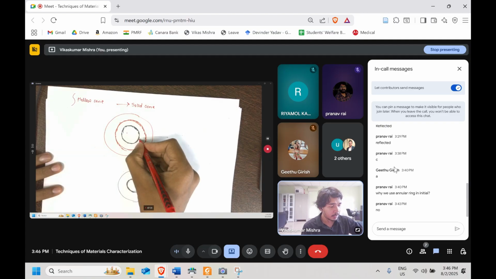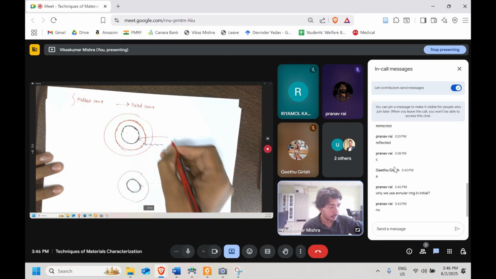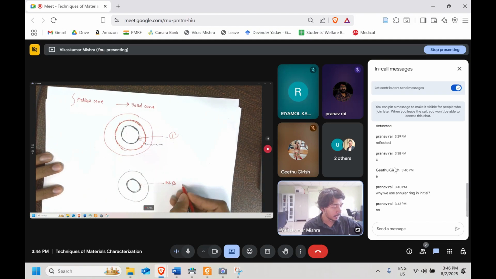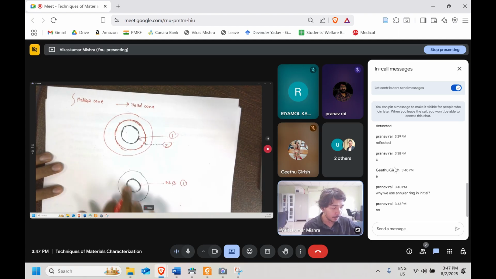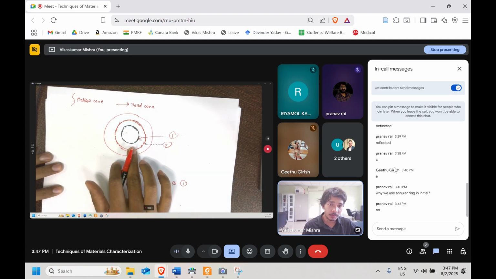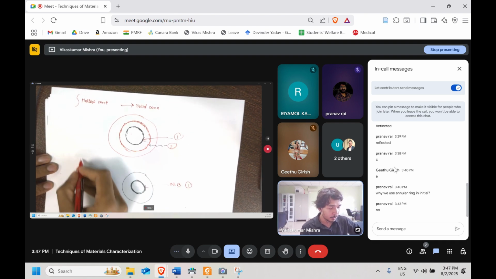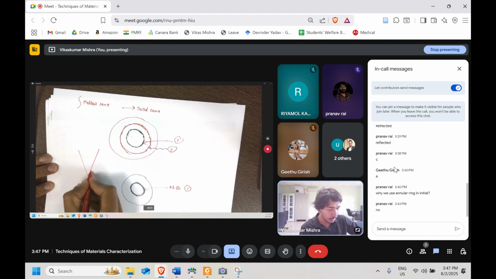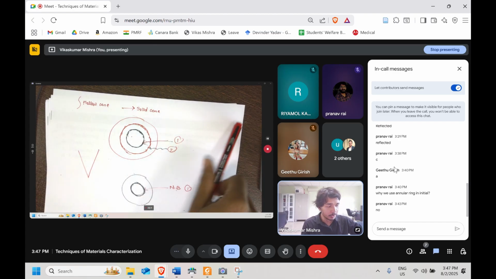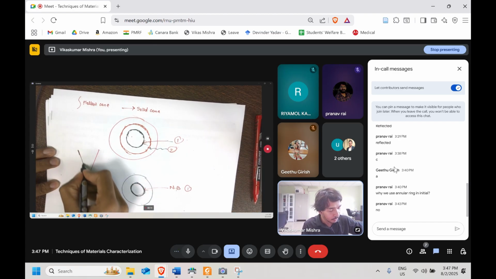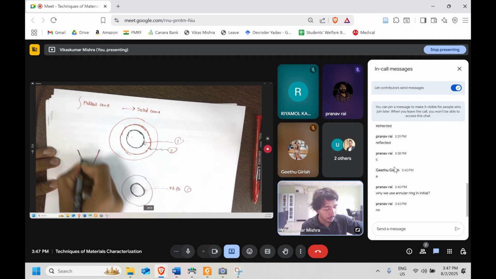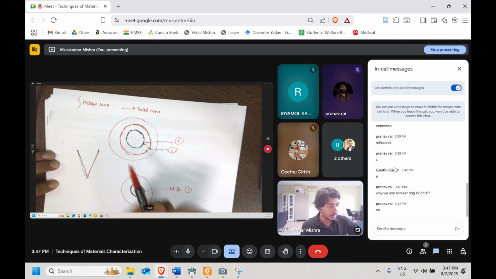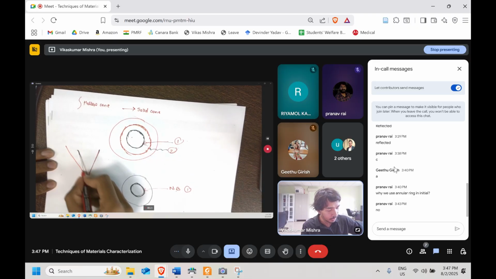So let us say that initially for the first case, it is letting the non-diffracted beam to pass. So will it also let the second case pass, can I use the same ring, or will their optic be different? See, for the smaller one, the optic can be like this. It will go like this. Sorry, I should have used the black color. For the smaller one, the optic will go like this, while for the larger one, the red one, the optic will go like this.